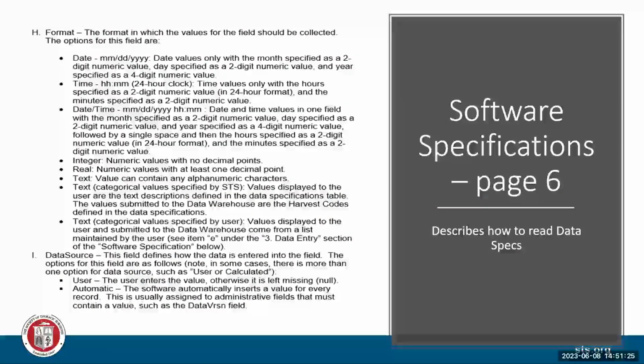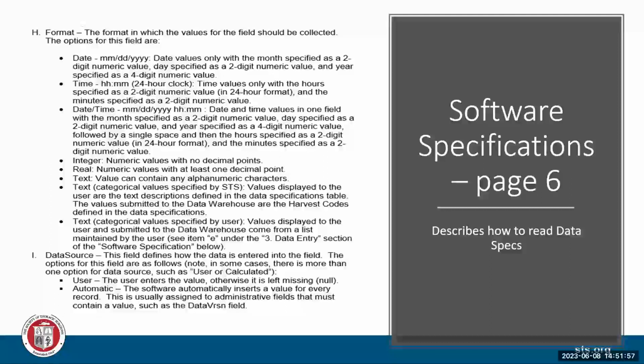Page 6 of the software specification talks about how to read a data spec. Next we'll go through the data specs after we finish the software specs. But it basically talks about the format. It talks about what an integer is. Well, I'm glad it tells me what it is, because there's no way I would remember that from grammar school at my age. An integer is basically a numeric value with no decimal points.